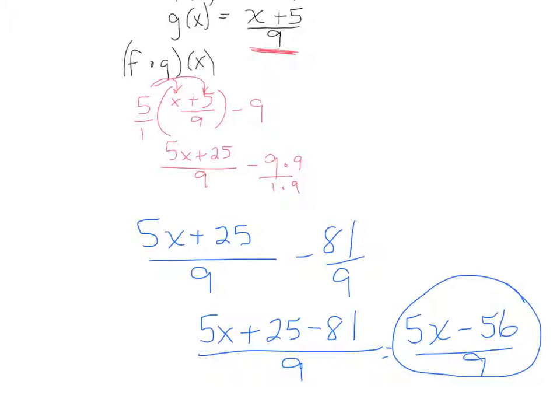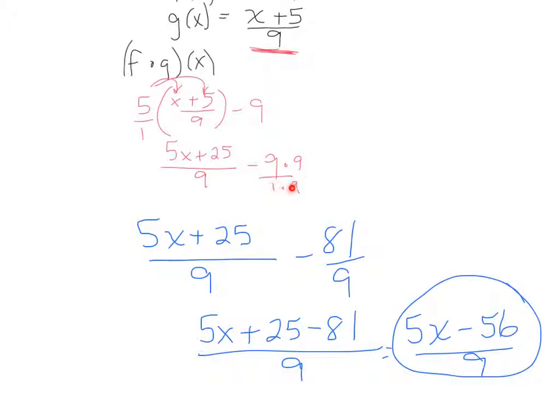So just to recap, nothing canceled. I distributed that 5 only to the numerator because that's the only location that it was. It's 1 times 9 on the bottom. That gave me 5x plus 25 over 9.